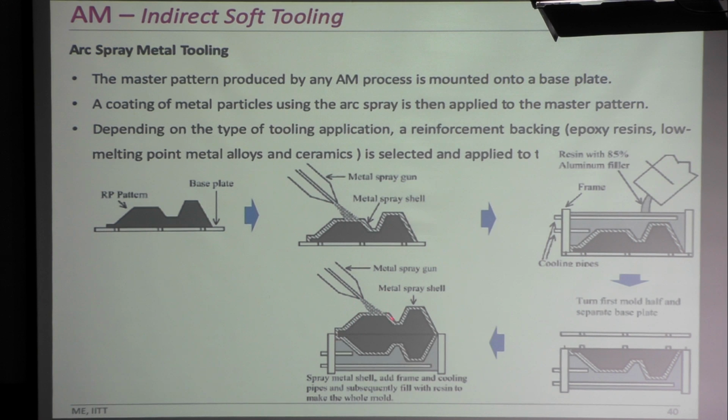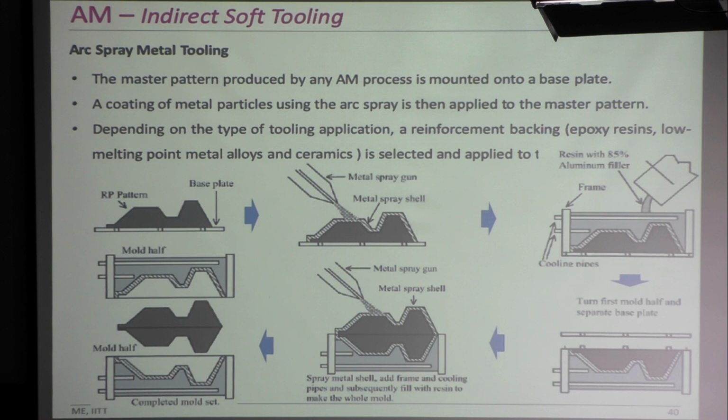Then repeat the process: do the metal spraying, place the container, keep the backing, and then disassemble the two containers and take out the pattern. Now this is your tool, your mold with the cavity. In this way, you can make indirect soft tooling by using arc spray metal tooling. This is one of the methods to manufacture injection mold tools indirectly using the AM master pattern.